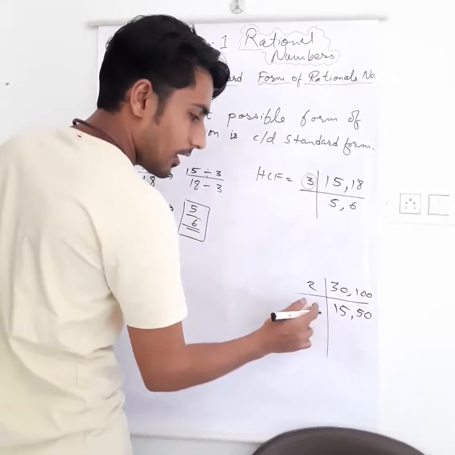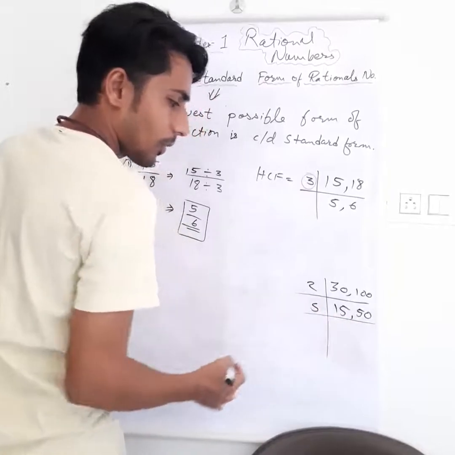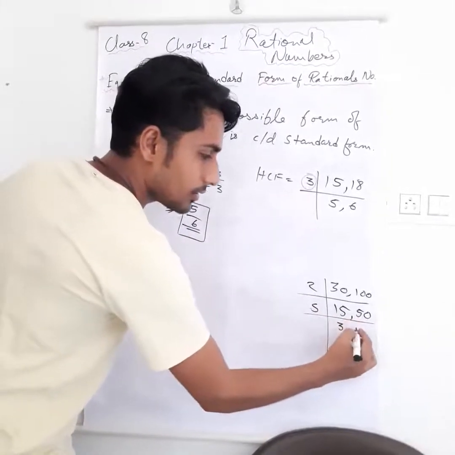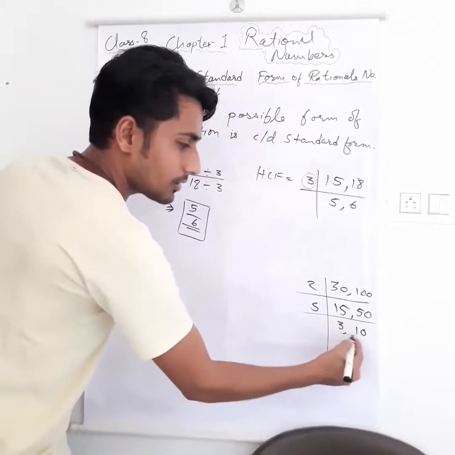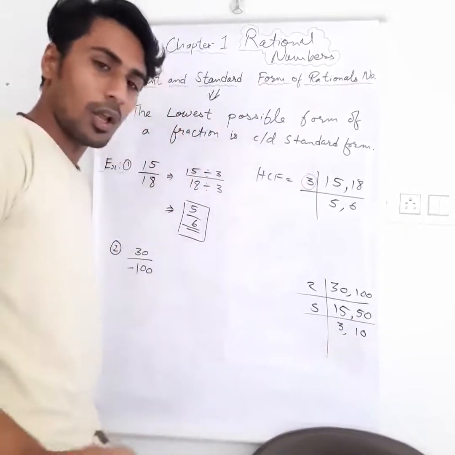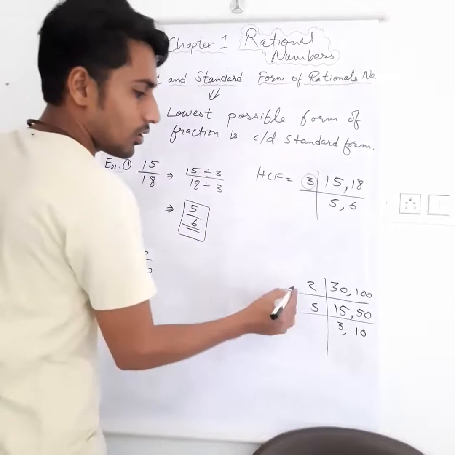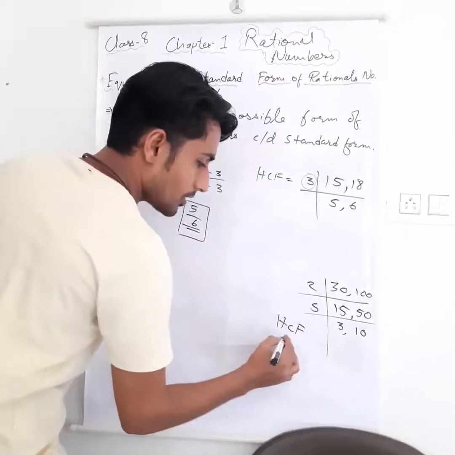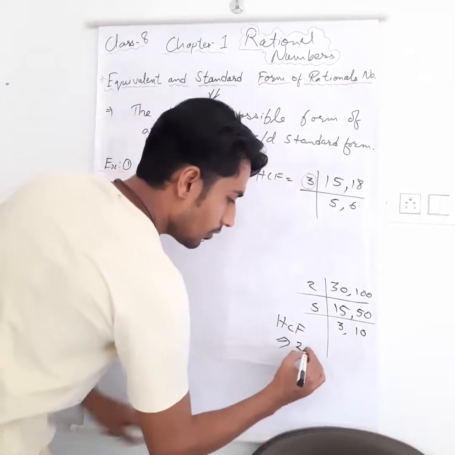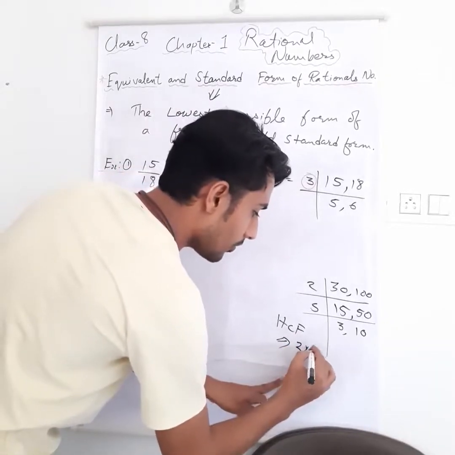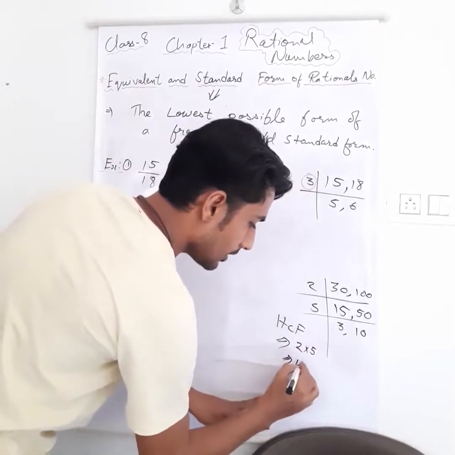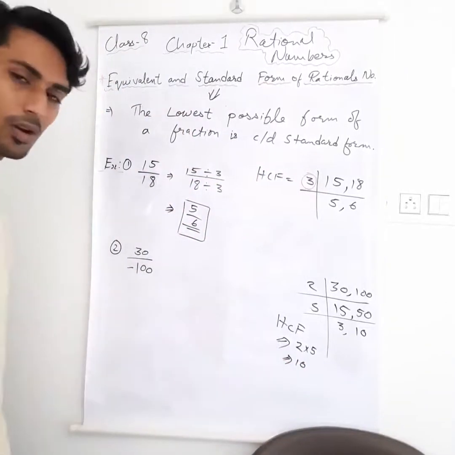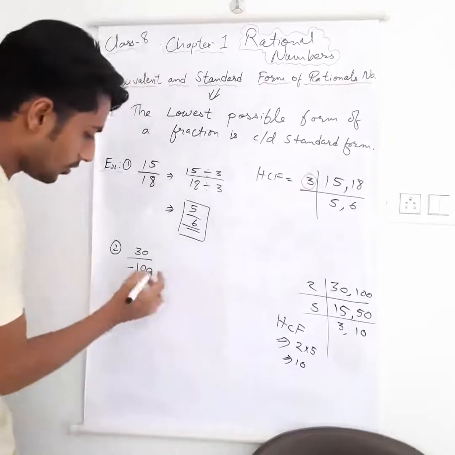Again divided by 5, this will be 3 and 10. Now after this, 3 and 10 do not have any common factor. So the HCF will be 2 into 5, which is 10.